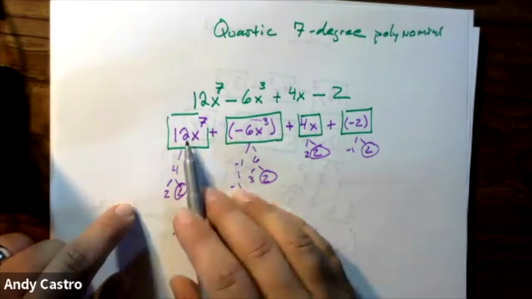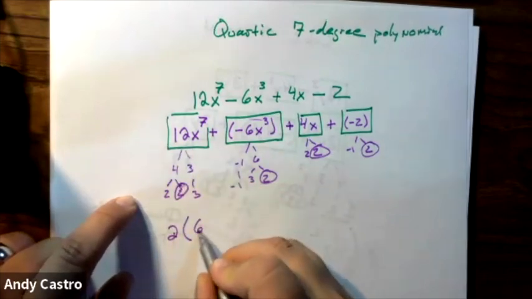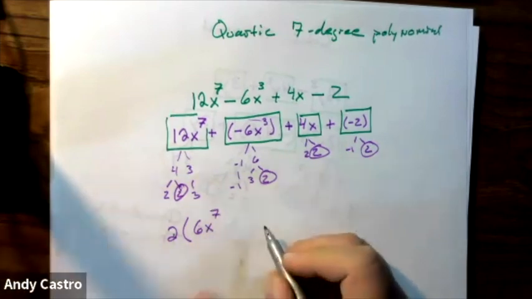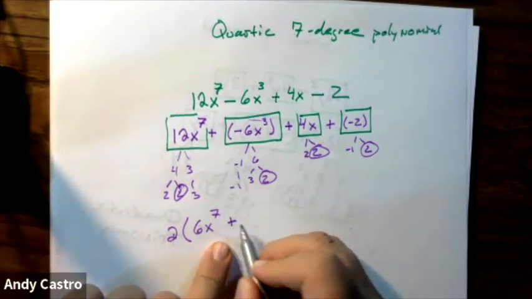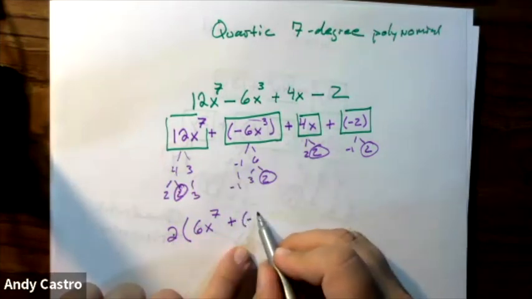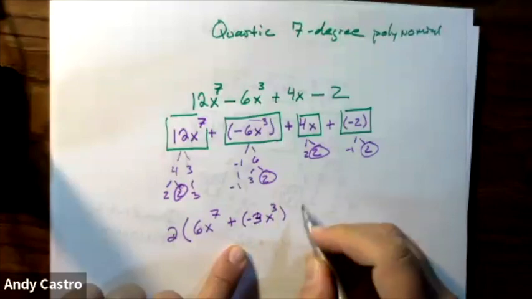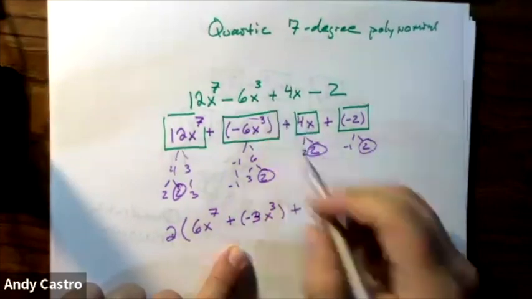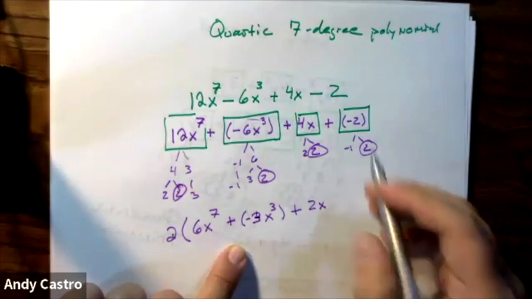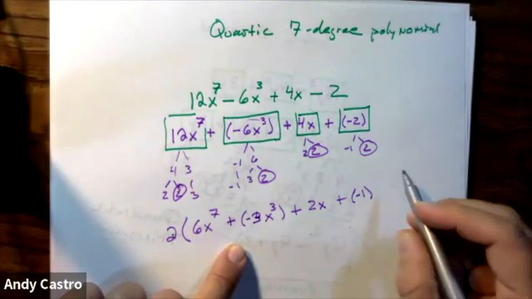All right, so let's go ahead and pull out a 2 out of the 12. I'm going to be left with 6x to the 7th, plus, I'm going to pull out a 2, so I'm left with -3x cubed, plus, if I pull a 2 out of the 4, I'm left with 2x, and then plus, if I pull a 2 out, I'm left with -1.